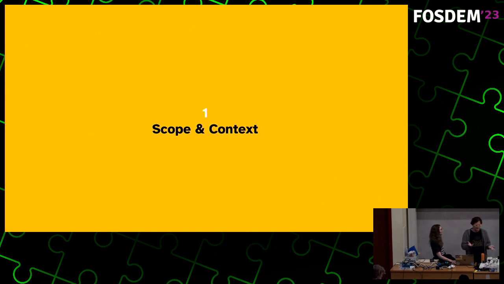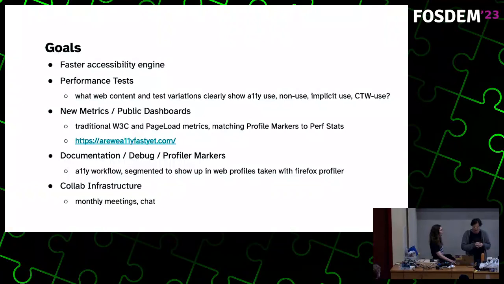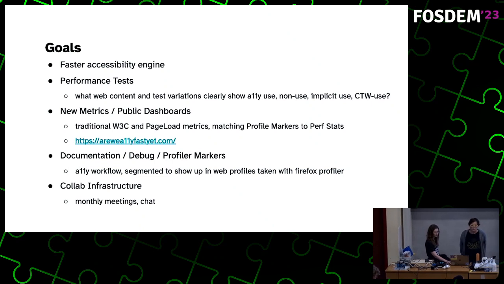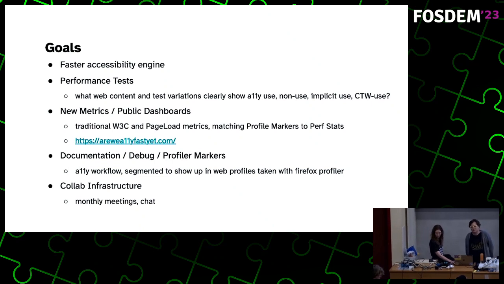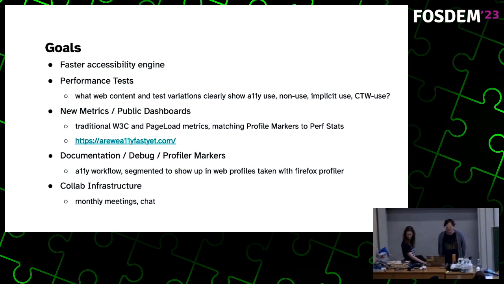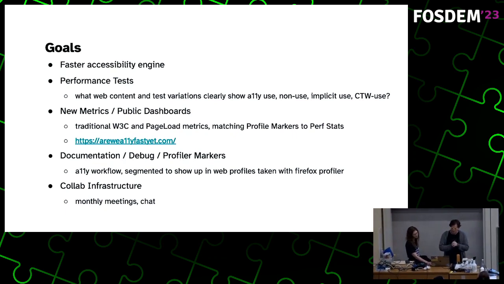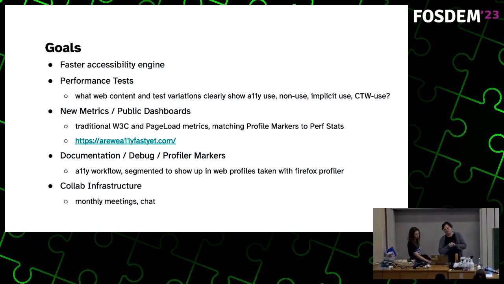So the first thing is scope and context for accessibility in Firefox. The goal is, of course, a faster accessibility engine and more performant web use for all users, and especially users using accessible technologies. We also want to try to create a performance testing infrastructure that will be able to prove these things and test.